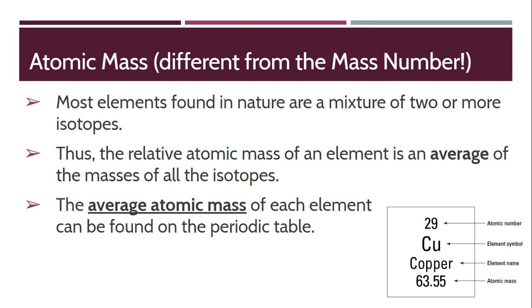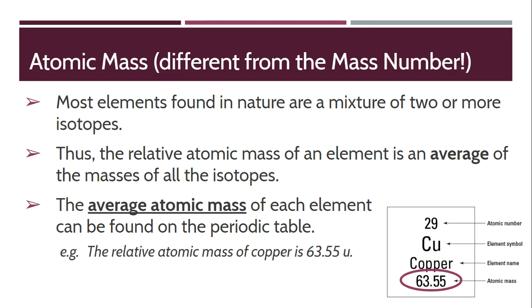And this average atomic mass can be found on the periodic table. So this is a section of the periodic table for copper, and the average atomic mass is found at the bottom. So that number tells us that the relative atomic mass of copper is 63.55 U, atomic mass units.